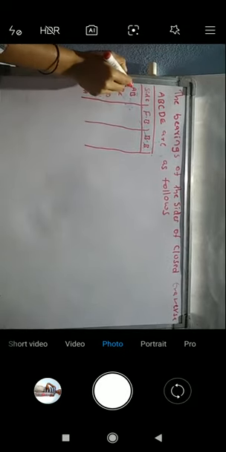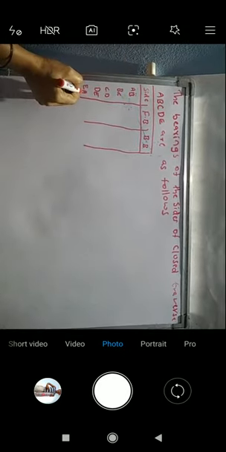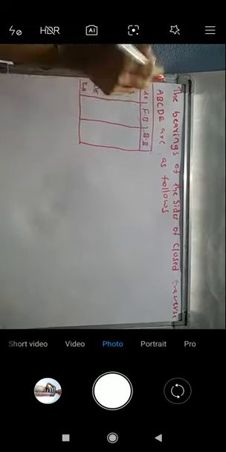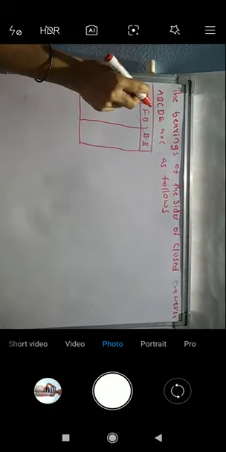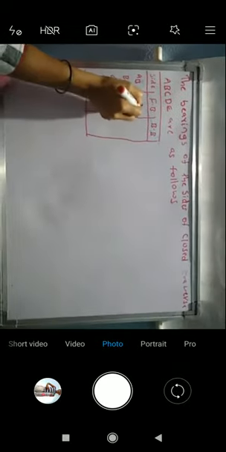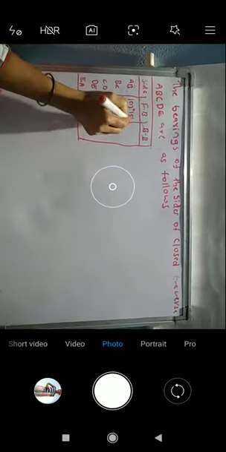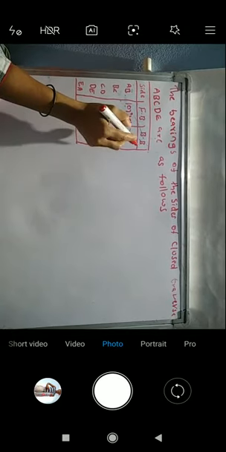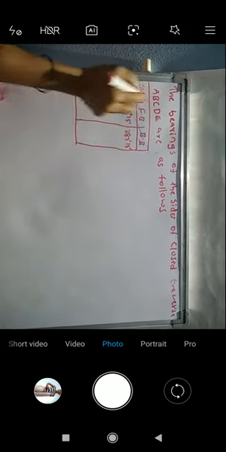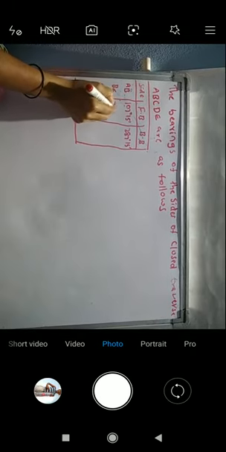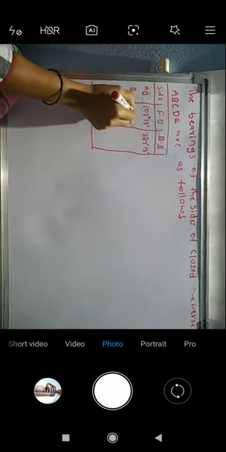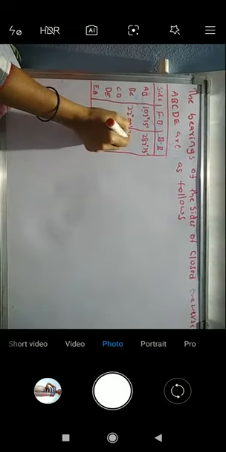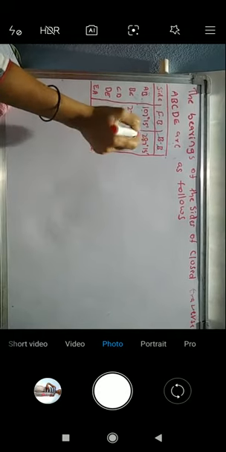The starting point is A and the ending point is also A. That's why it is known as a closed traverse. For the AB side, the forebearing is 107 degrees 15 minutes and the back bearing is 287 degrees 15 minutes. For BC, 22 degrees 00 minutes and the back bearing is 202 degrees 00 minutes.